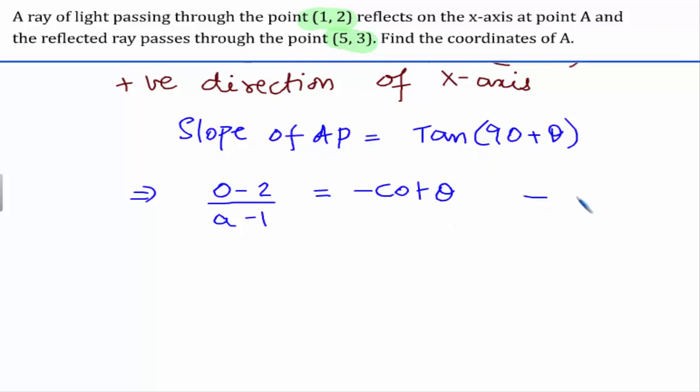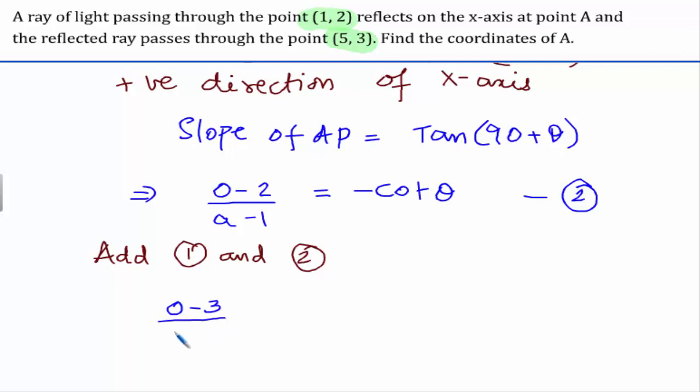This is second equation. Now let us add the equations 1 and 2. The first equation is (0 minus 3) by (a minus 5) is equal to cot theta, and the second equation is (0 minus 2) by (a minus 1) is equal to minus cot theta.